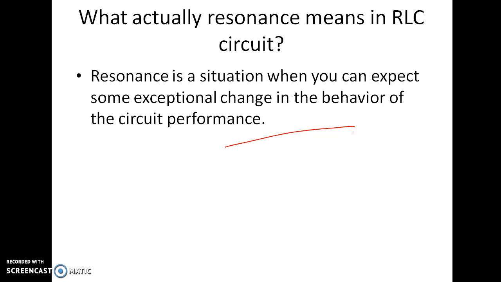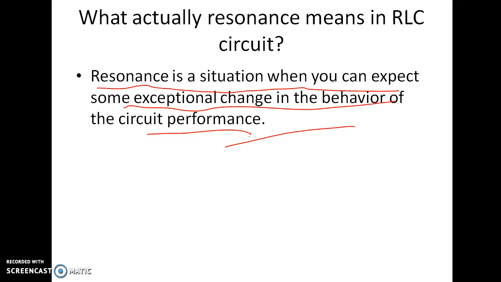As the bridge starts oscillating, it will create problems in that configuration, so civil engineers design the bridge in that manner. Okay, that is different. What I mean to say is that resonance is a situation when you can expect some exceptional changes in the behavior of circuit performance. Like in real time, when a singer sings, you may have seen this in TV shows, at a very high frequency of the voice, a glass kept near the singer breaks.